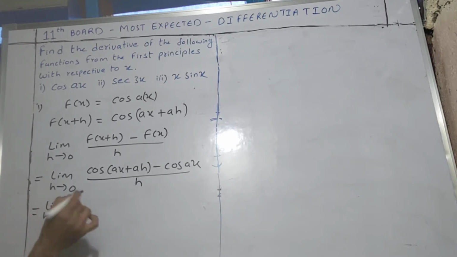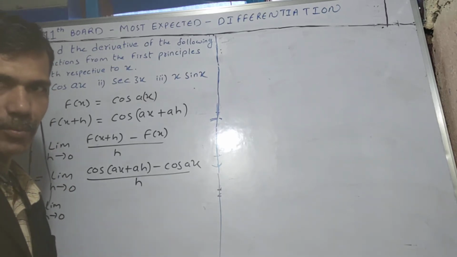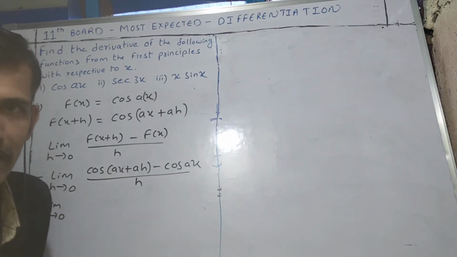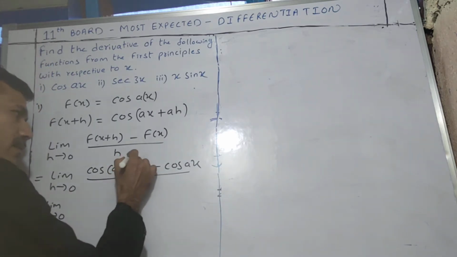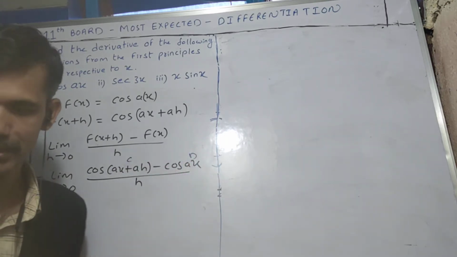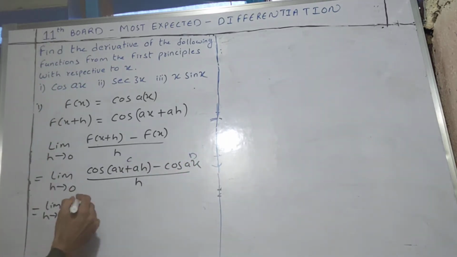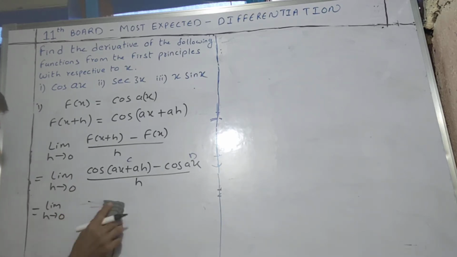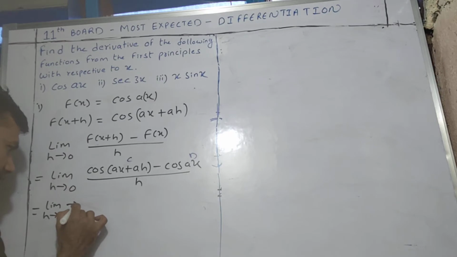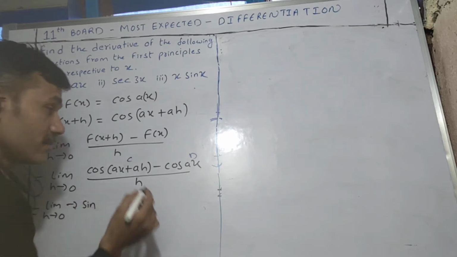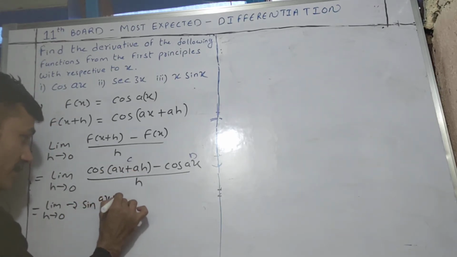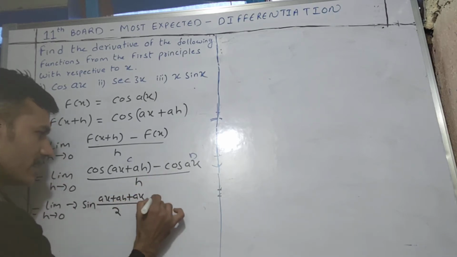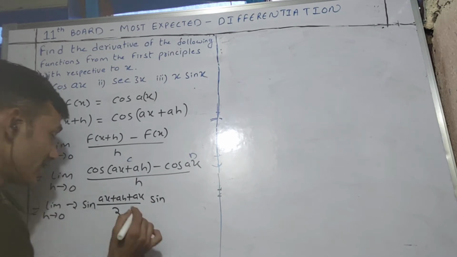So here, directly we can't get the limit. So we have to apply some trigonometric formulas. The cos c minus cos d formula we have to use. That is the cos c minus cos d formula we know: minus 2 sin of (c plus d) by 2 sin of (c minus d) by 2.